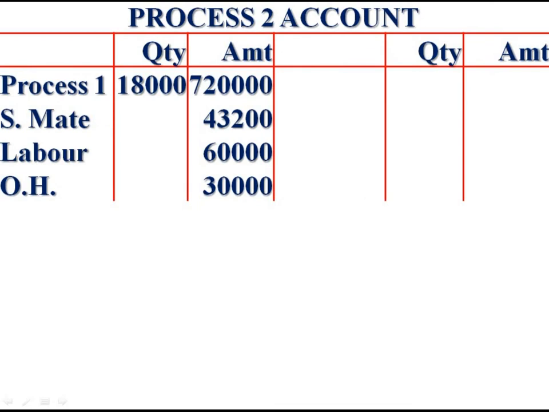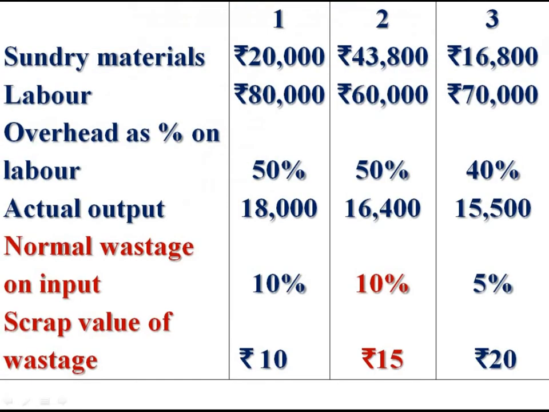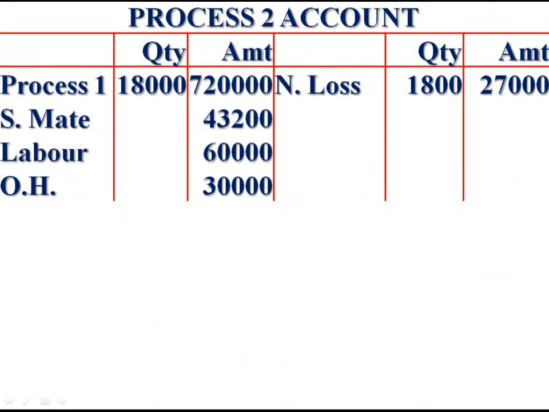Sundry materials 43,200, labor 60,000 and overhead 30,000. There is also normal wastage 10% on input and its scrap value rupees 15. Credited normal loss 10% of input, that is 1,800 quantity, 1,800 into 15, 27,000 amount.